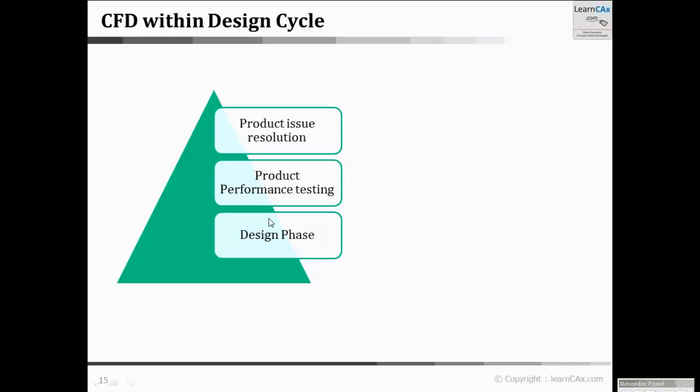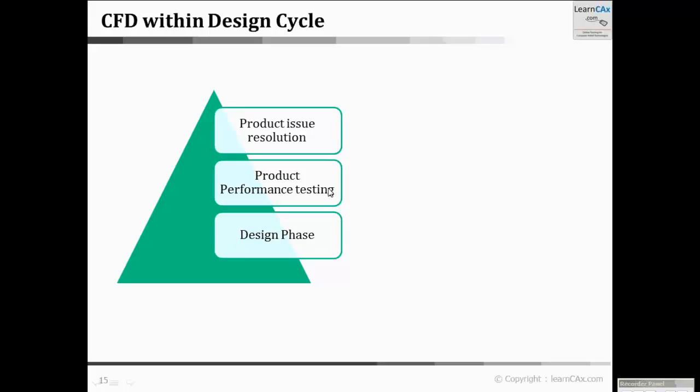As far as using simulations, it is observed that the more innovative or more successful product development companies or research organizations use simulations or CFD in the design phase itself, rather than at a later stage when they have problems in the product.